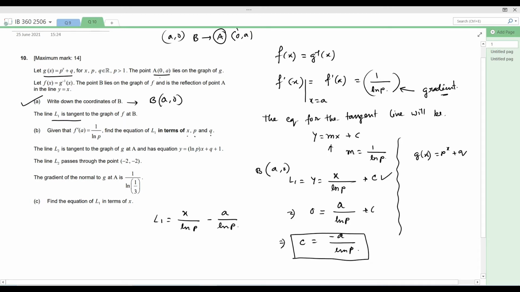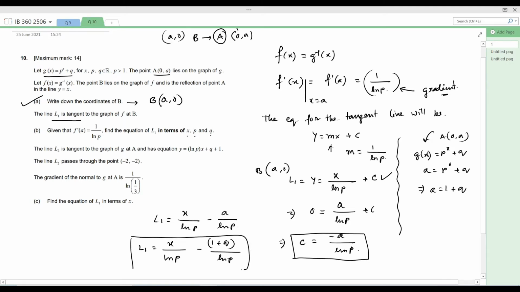So (0, a) lies on this graph. So obviously a = p^0 + q, which gives a = 1 + q. So the equation of the line L1 is x by ln p minus (1 + q) divided by ln p. This is the equation of the tangent line in terms of x, p and q.